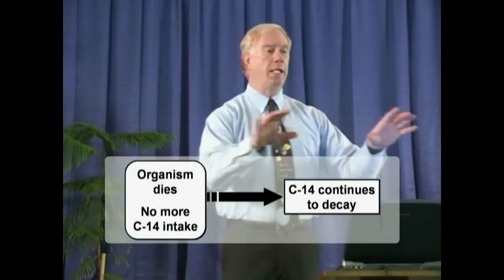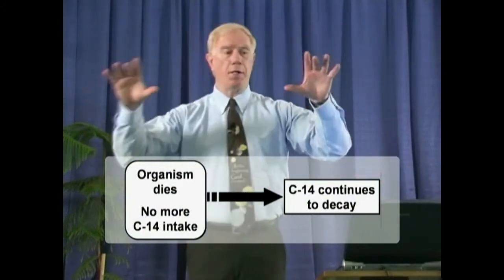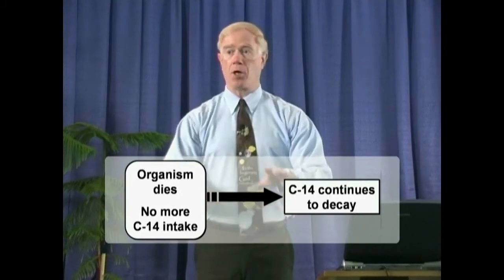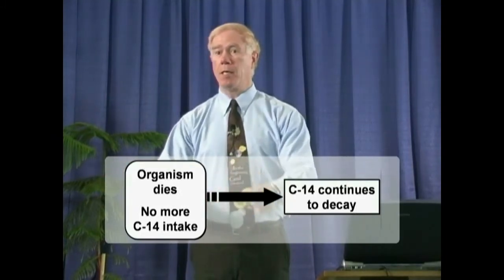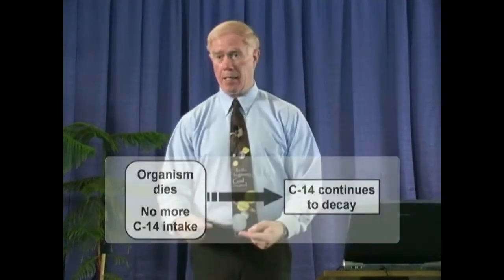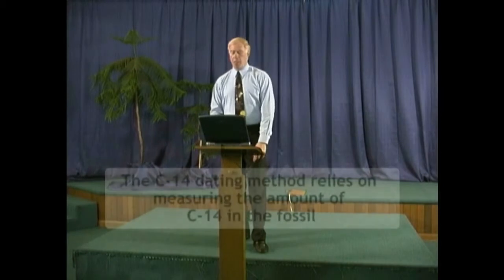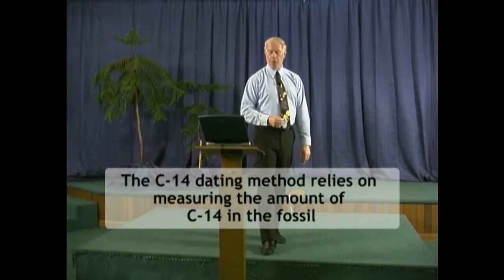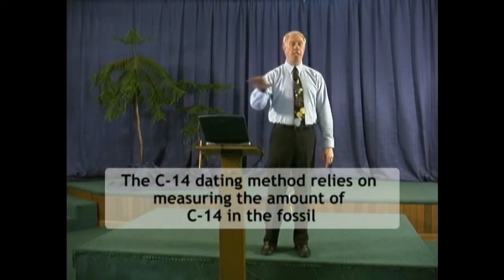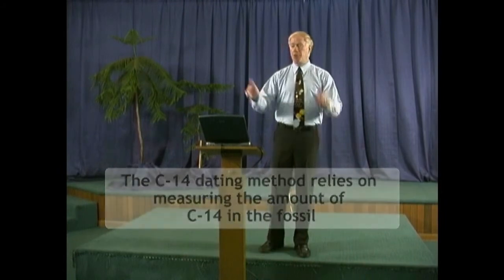The carbon-14 that is in that organism continues to decay. So we start the clock when an organism dies. Well, let's take a look at this. The carbon-14 dating method relies on measuring the amount of carbon-14 in a fossil. Now, there are three scenarios that could happen here when we do this dating.